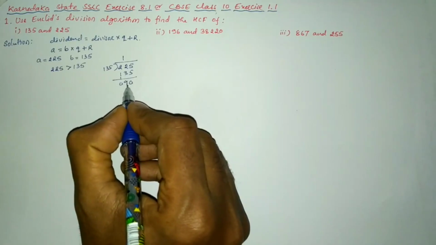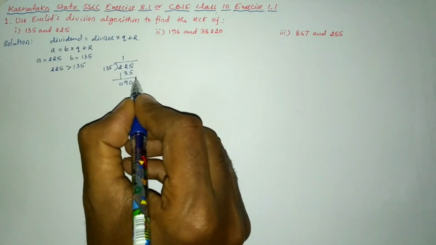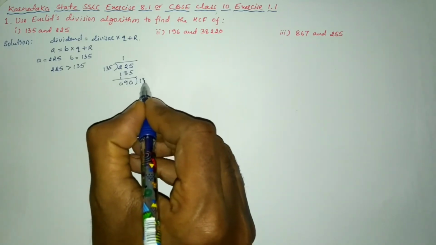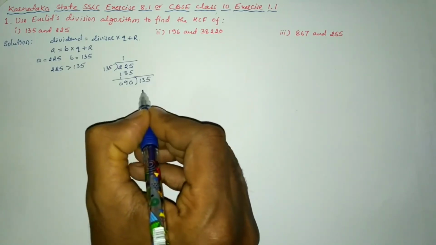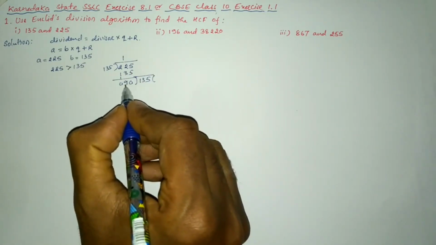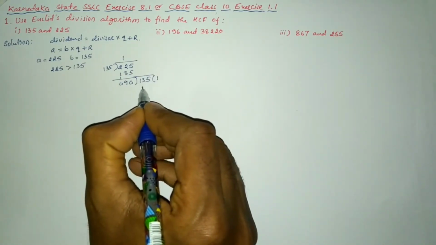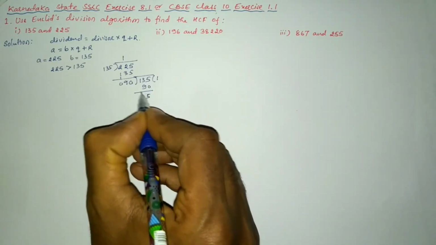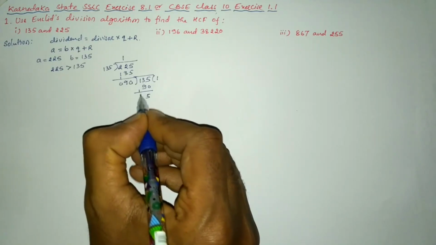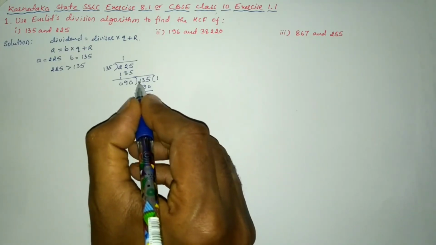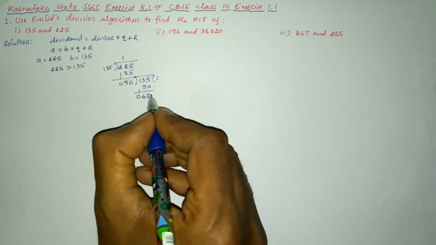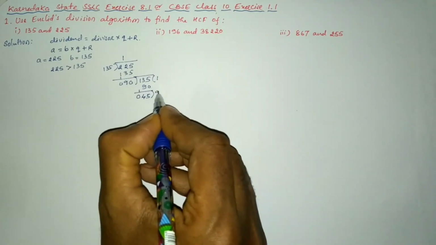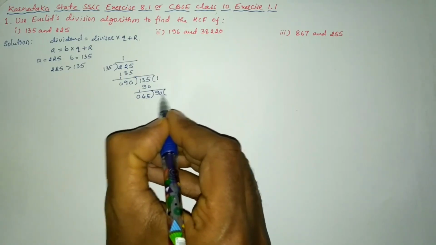And let us consider this 90 as divisor and 135 as dividend. 90 ones are 90. Here 5 minus 0 is 5. Let us take carry, 13 minus 9 gives us 4. 1 minus 1 is 0.